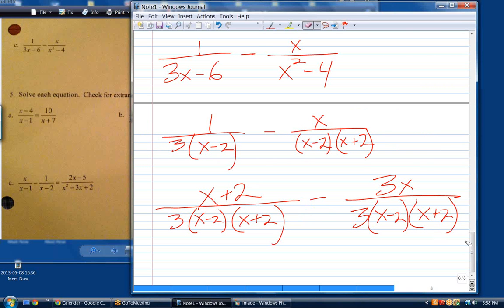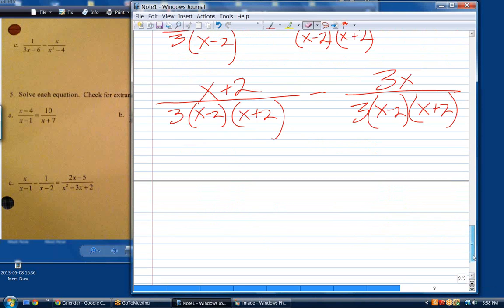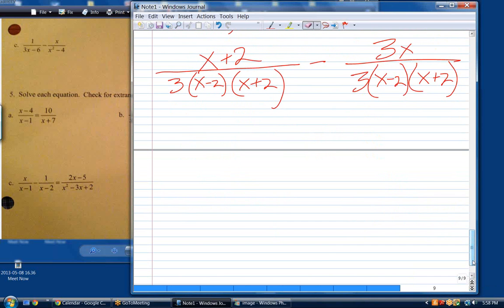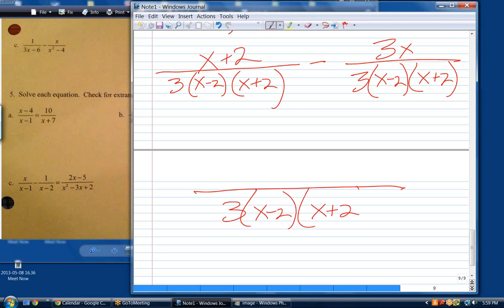Now we can operate on the numerator. In other words, we still have one last step we can do here. Our final answer is going to have this common denominator. But what is the new numerator? Negative 2x plus 2. Exactly. And that's the answer.